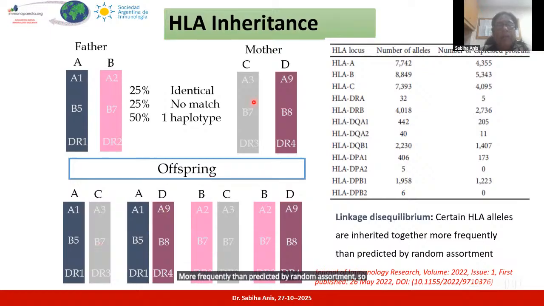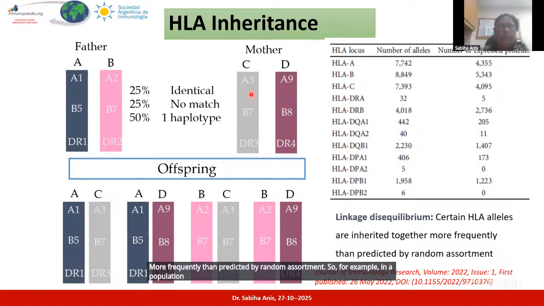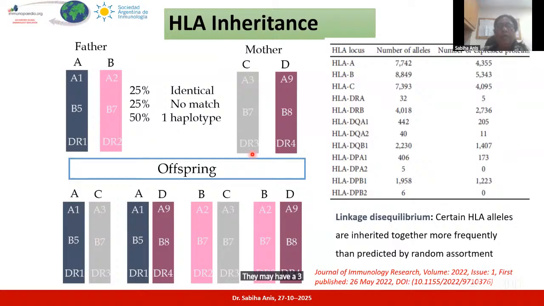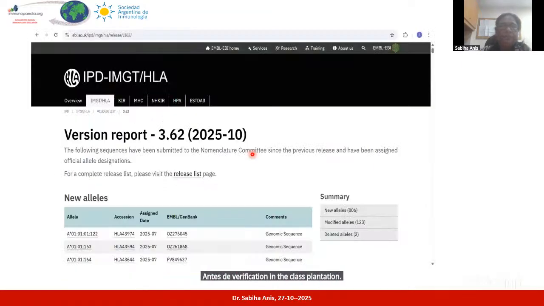So, for example, in a big population of several lakhs, they may have A3, B7, DR3 occurring very commonly as compared to other haplotypes occurring in association with each other. And this has implications in transplantation.